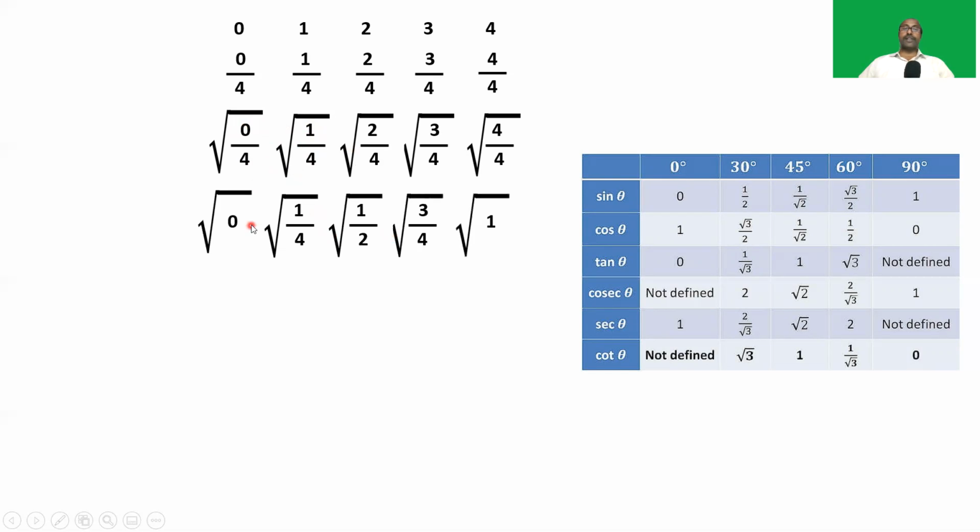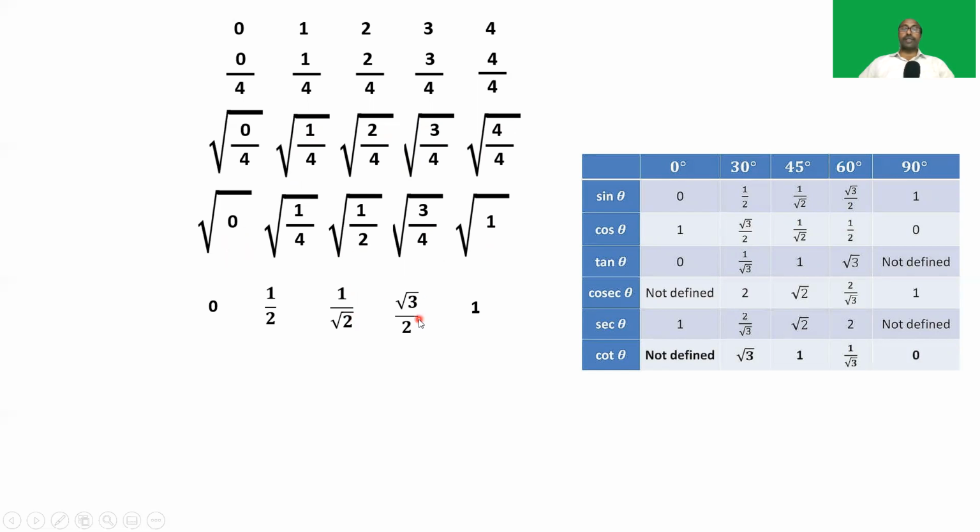0 by 4 is equal to 0. 1 by 4 is in simplest form. 2 by 4 is equal to 1 by 2. 3 by 4 is also in simplest form. And 4 by 4 is equal to 1. So we got root 0, root 1 by 4, root 1 by 2, root 3 by 4, root 1. And we know that root 0 is equal to 0. Root 1 by 4 is equal to 1 by 2. Root 1 by 2 is equal to 1 by root 2.